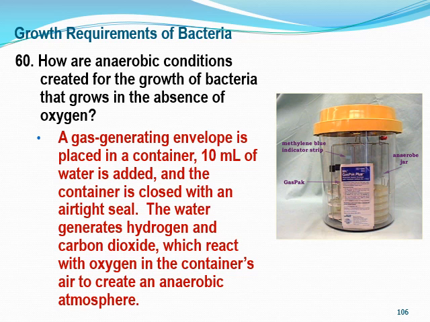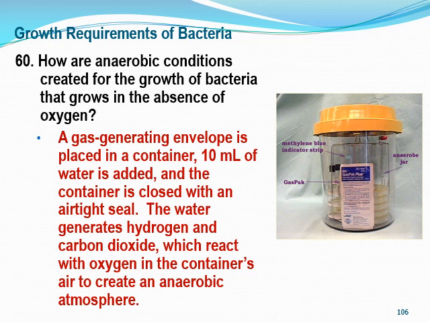So still talking about these bacteria that like to grow in anaerobic conditions. So how do we do this? What are the ways that we can give them the conditions that they require? If you look at this picture, you see that little gas pack. You place it down in that container, 10 mils of water is added, then the container is closed with an airtight seal.